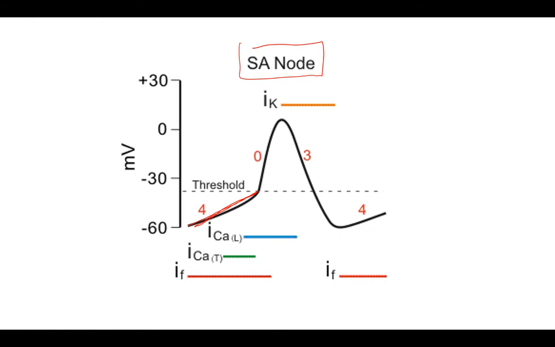In phase 4 you can see the L-type calcium channel, T-type calcium channel and IF current. These three currents are working. Okay, so calcium current and F current. What is F current? F current is also called funny current, or the channel is called funny current.